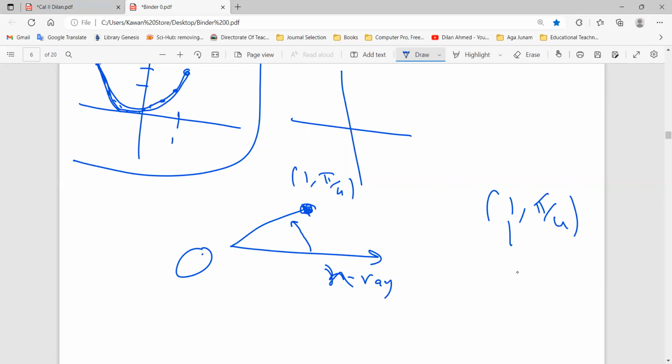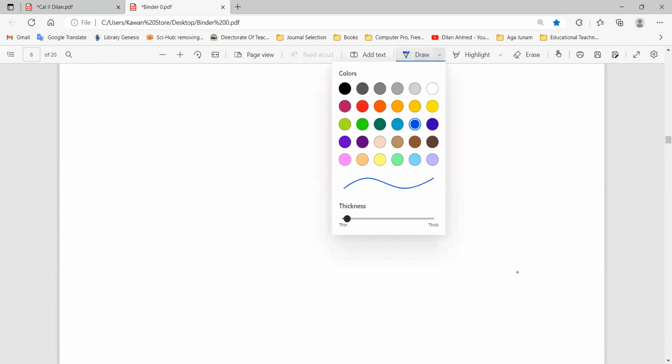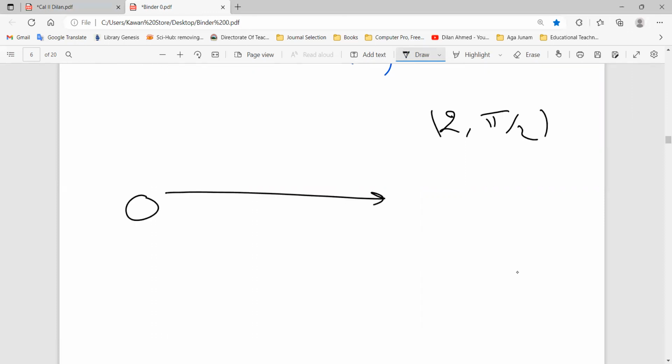You got it? So do not forget about counterclockwise. First of all, think about the angle. Second, try to measure the distance that you have. Another example: if I have (2, pi over 2). First, I have the ray and the origin.